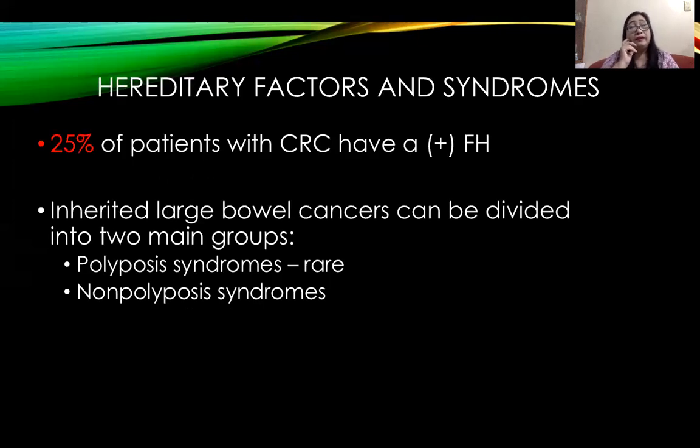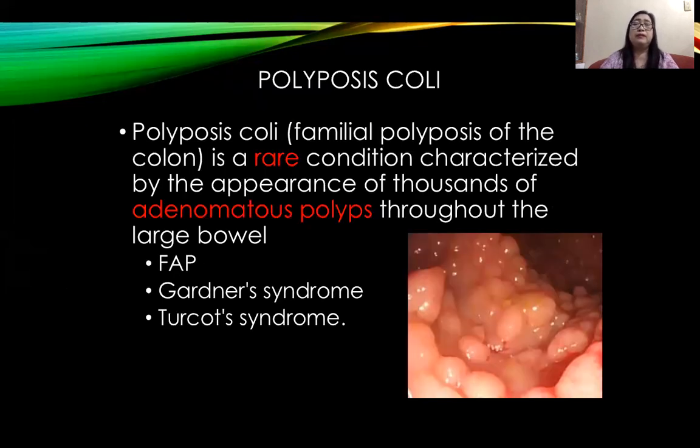So what are the hereditary factors and syndromes? 25% of patients with colorectal cancer have a positive family history of colorectal cancer. Inherited large bowel cancers can be divided into 2 main groups: the polyposis syndromes, which are rare, and the non-polyposis syndromes.